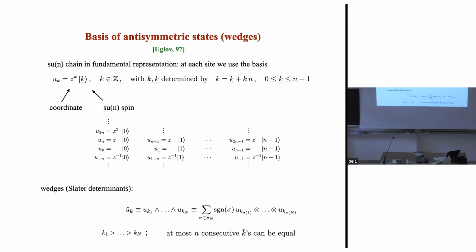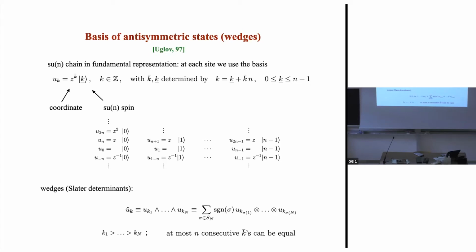So at each site, I introduce some vector which will be a power of z, labeled by k. There are three integers here. One is k bar, which can take any integer value a priori.